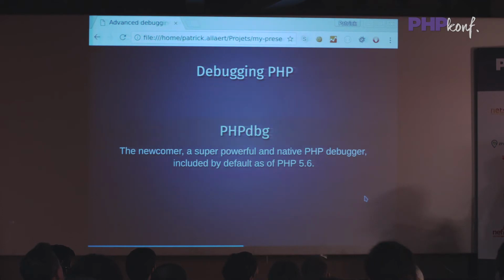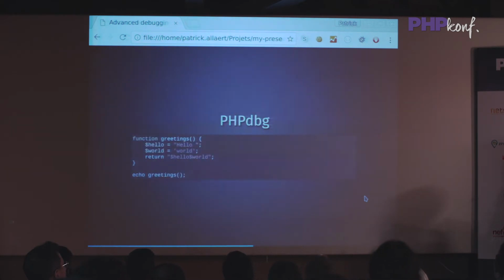If you have PHP in command line, chances are you have PHP 5.5 minimum, and chances are high that you also have PHPDBG in the command line. It's a super powerful and native PHP debugger, but it works differently than Xdebug. It doesn't replace Xdebug. Xdebug is very good. Use it.